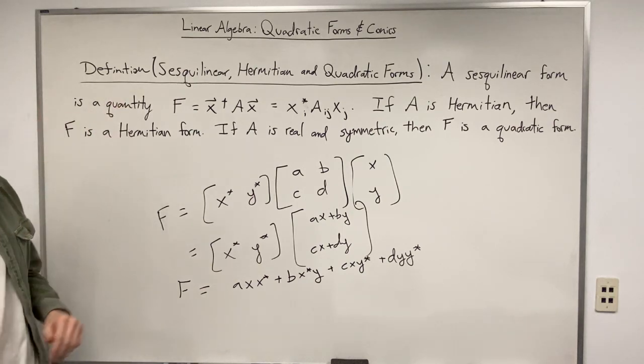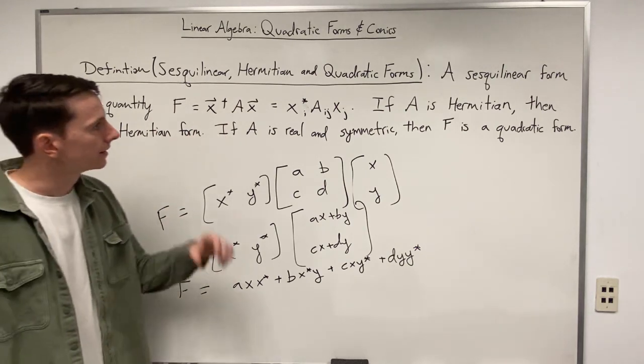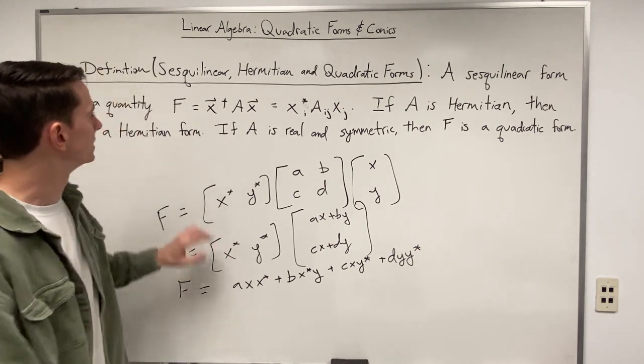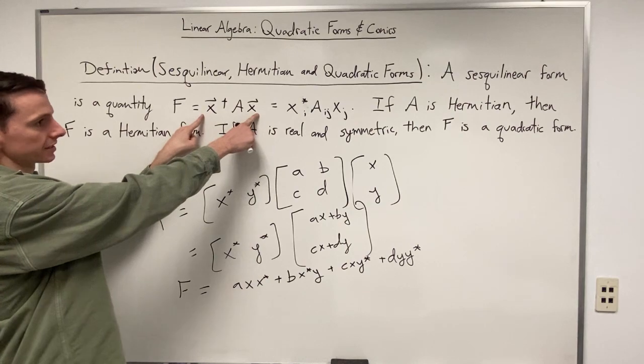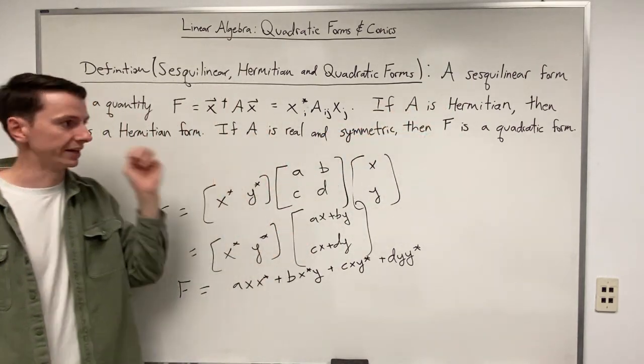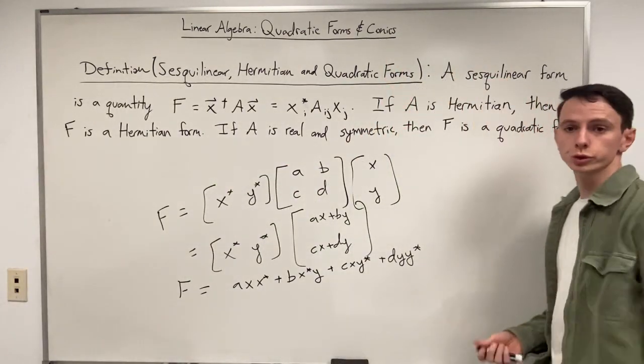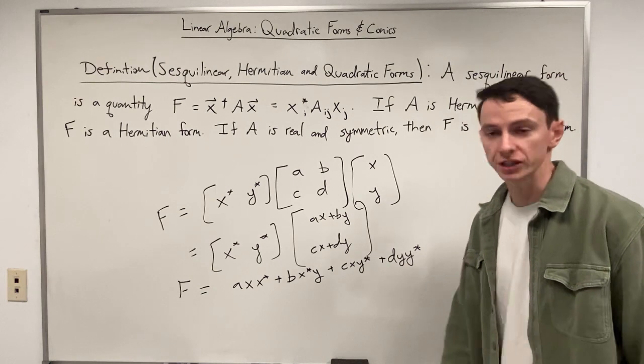While a sesquilinear form just has this general matrix A right here, a Hermitian form is a quantity that looks like this, except now the matrix A is a Hermitian matrix, which means that if A is Hermitian, it's equal to its own complex conjugate transpose.